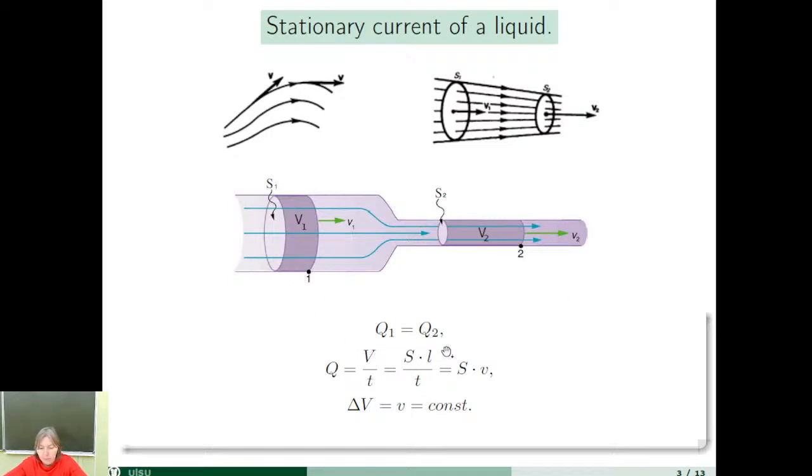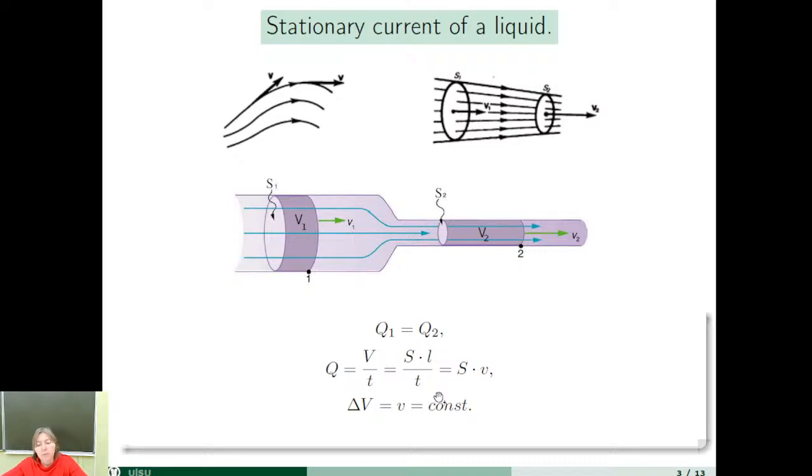Look here, this expression: Q1 is equal to Q2. And Q is the ratio of volume divided by t. The volume is the area section S times this distance L.